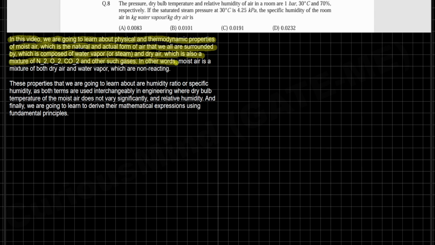In other words, moist air is a mixture of both dry air and water vapor, which are non-reacting.